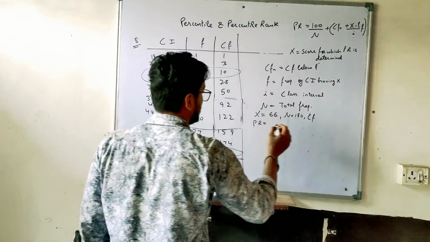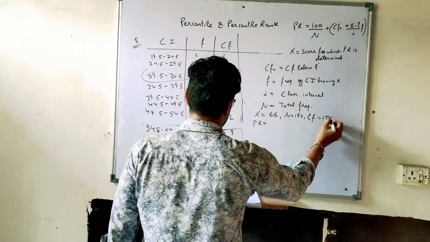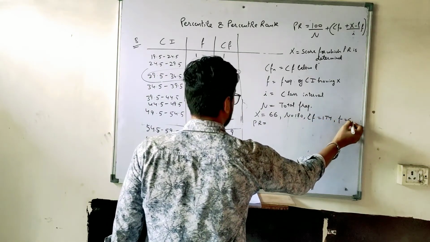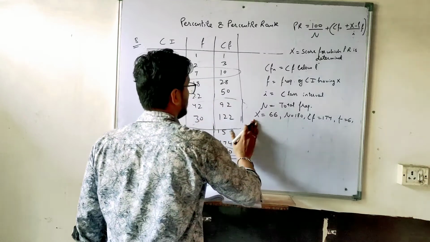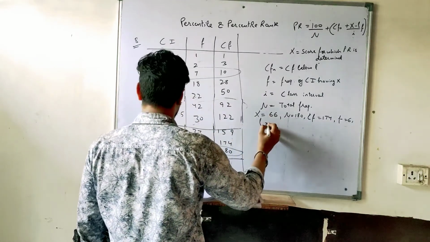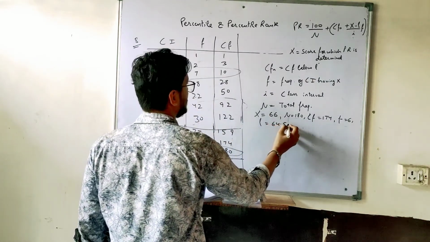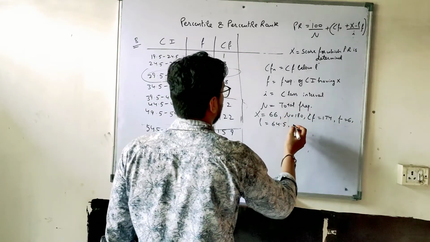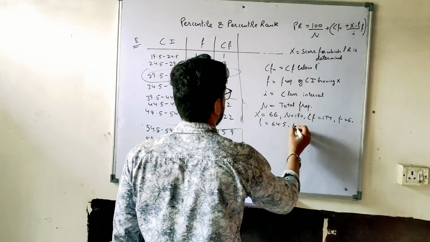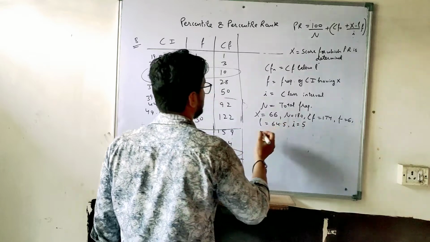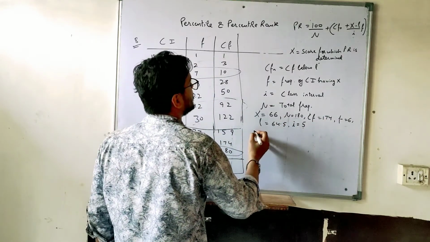So CF is 174, f is 6, L is 64.5, and i is 5. So just put the values.